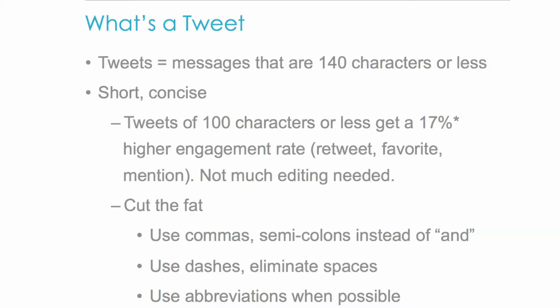Engagement rate means they get retweeted, they get favorited, or they get mentioned. The simple reason for that is there's just not much editing needed. If you're looking through your Twitter feed on your smartphone or on your iPad, you can just hit retweet quickly, and you don't need to edit. It's just simply more efficient.